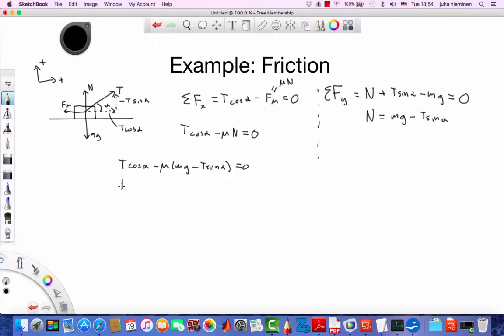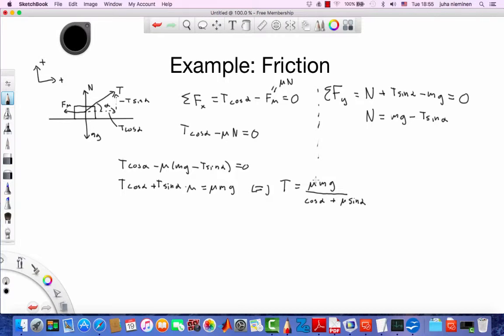And opening that up, T cosine alpha plus T sine alpha times mu, minus mu mg, so we move the mu mg to the other side. And from here we get the expression for T. That's going to be mu mg divided by cosine alpha plus mu sine alpha.